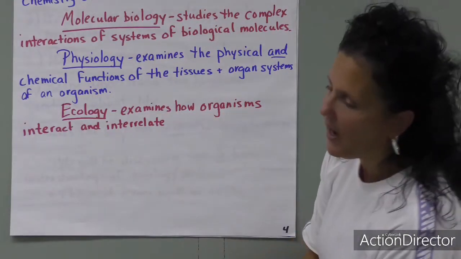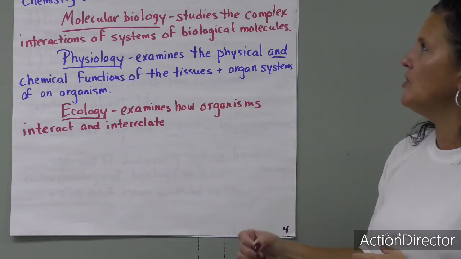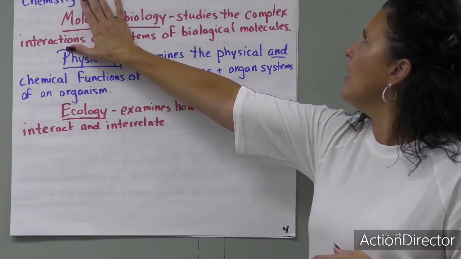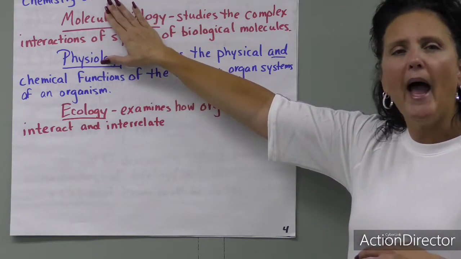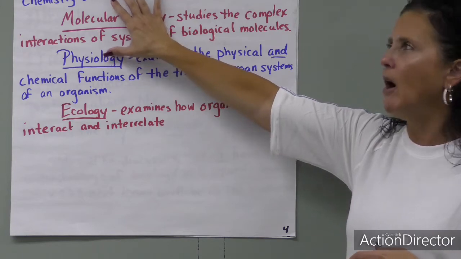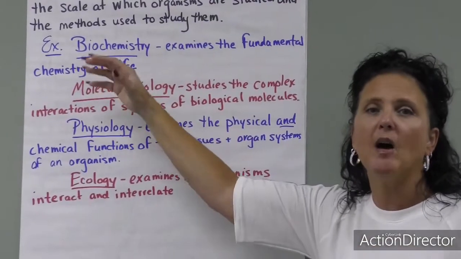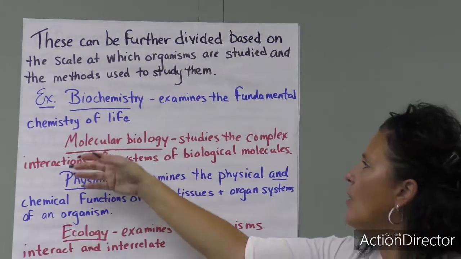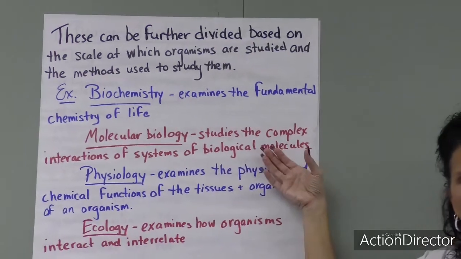Those can be further divided based on the scale at which the organisms are studied and the methods used to study them. If we talk about biochemistry, we examine the fundamental chemistry of life. If you go back and look at some of the earlier videos on health and wellness, I talk a lot about carbohydrates, proteins, fats. That's biochemistry. Those make up living organisms, right? Molecular biology studies complex interactions of systems of biological molecules.